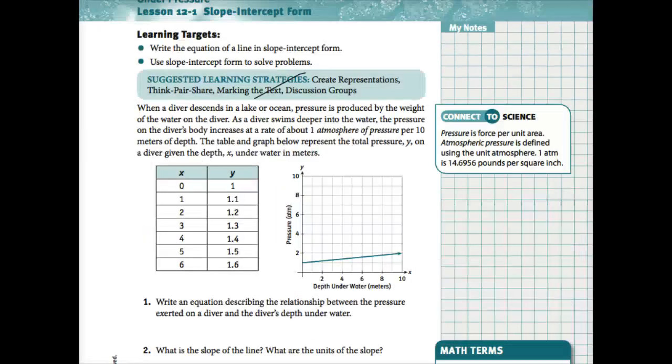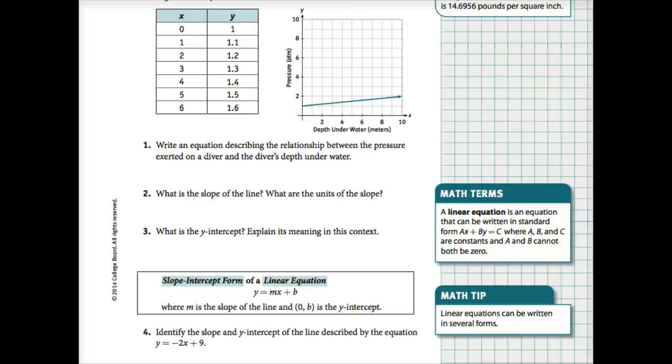So number one, this is what we had done in some of the last couple lessons, asks us to write an equation that describes the relationship between the pressure exerted on the diver and the depth. Remember that when we are writing a linear equation, we need to find the slope first.